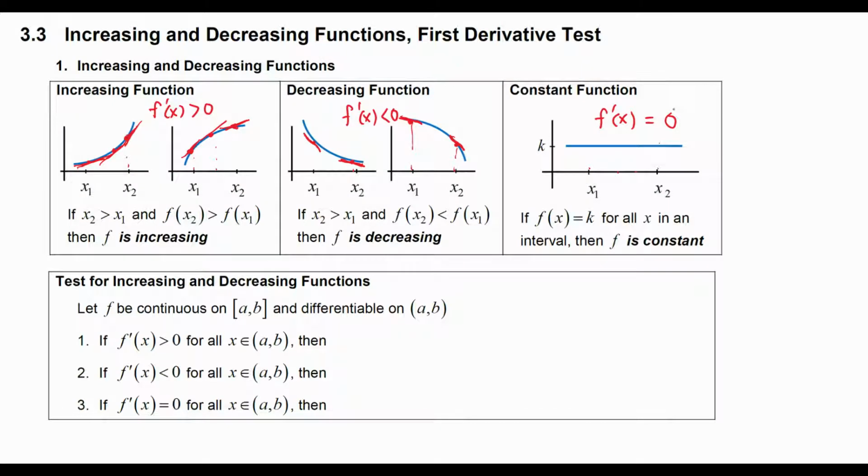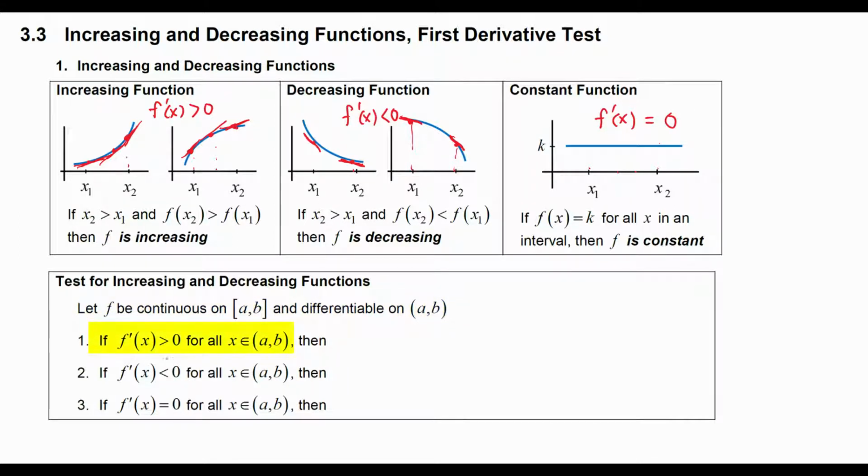Without even a graph given to us, if you have an equation of a function, then you can actually find out in what interval this function will be increasing or decreasing. So this is the test for increasing and decreasing functions. Let f be continuous on the closed interval a to b and differentiable on the open interval a to b.